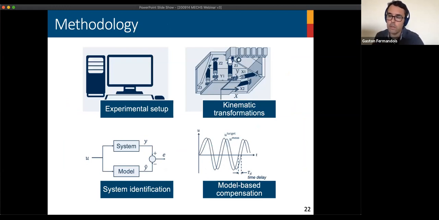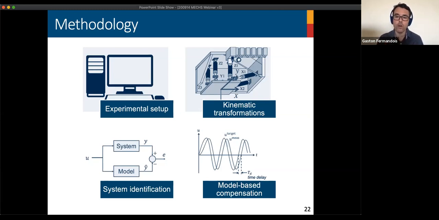The methodology in order to conduct this is, first, we need to design the experimental setup, and we need hardware and software capable of conducting maRTHS. Then we need to understand the kinematics of this problem through a study of both coordinate spaces where the system is working.